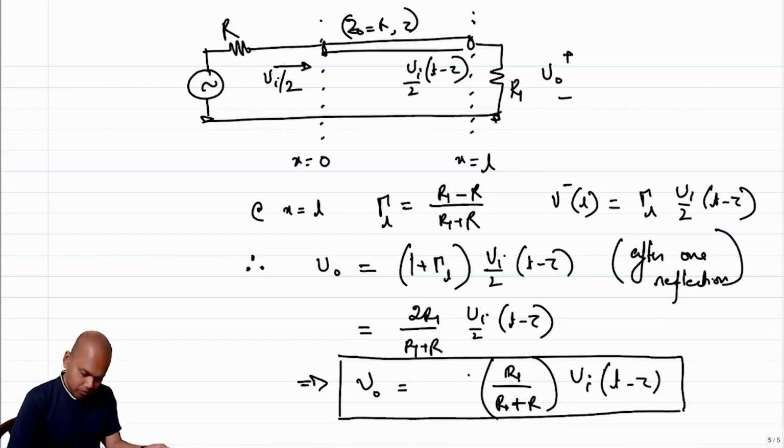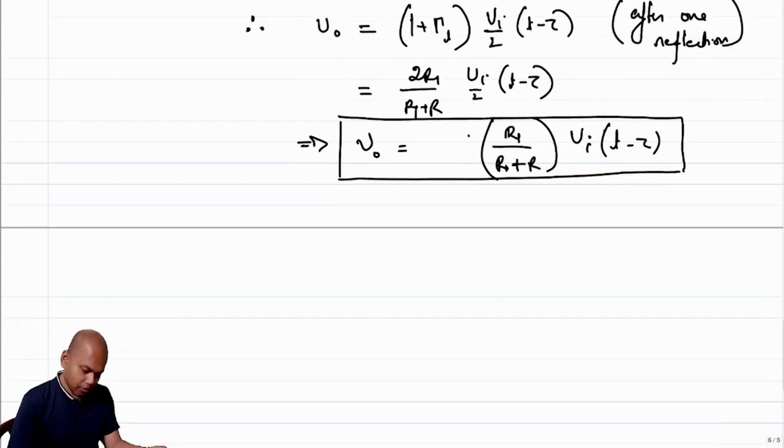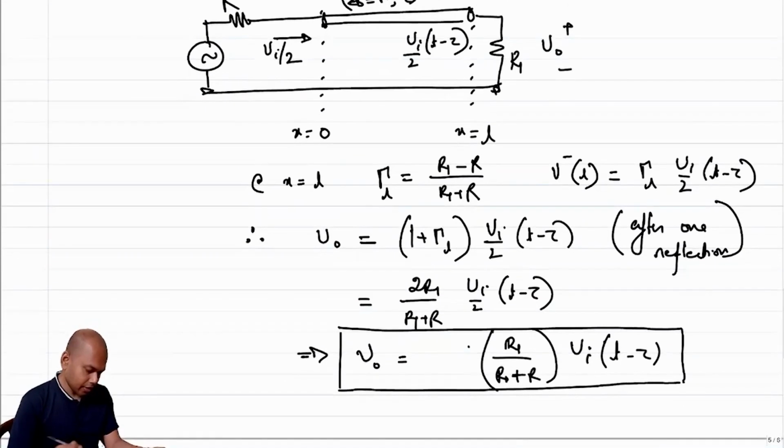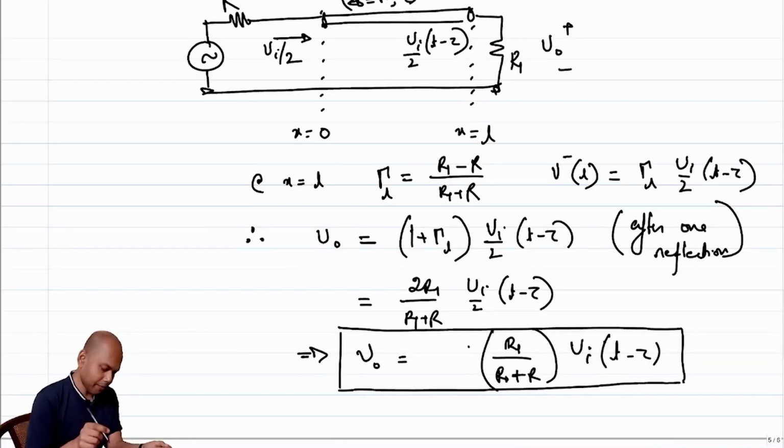Okay, fine. So now the story doesn't end here, because there is a reflection that has happened at this interface. There is a V minus. So a V minus also flows through.